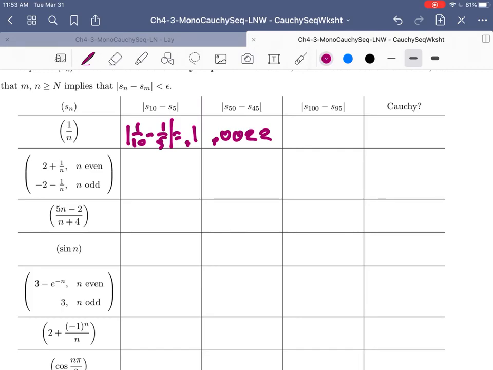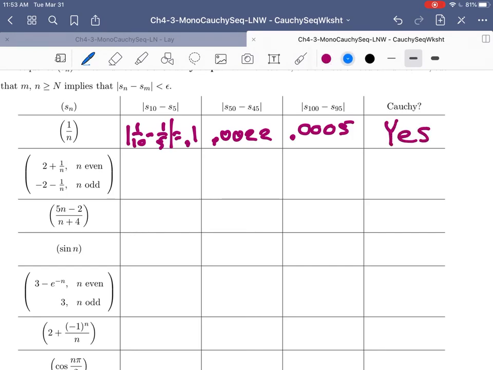The distance between the 100th term and the 95th term is something like 0.0005. As we keep going further along in the sequence, the distance between terms continues to get smaller and smaller. And so this does turn out to be a Cauchy sequence.